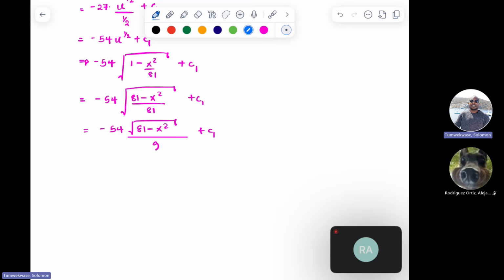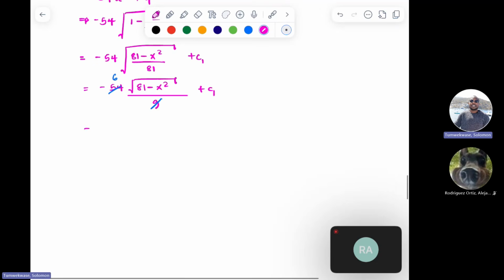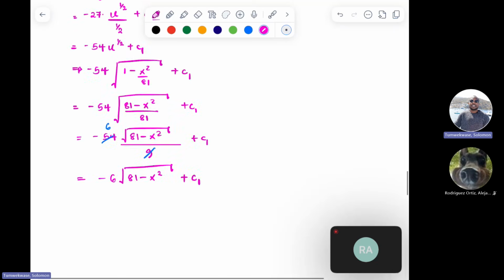Then 54 divided by 9 is 6. So my final answer is negative 6 square root of 81 minus x squared, plus c1.